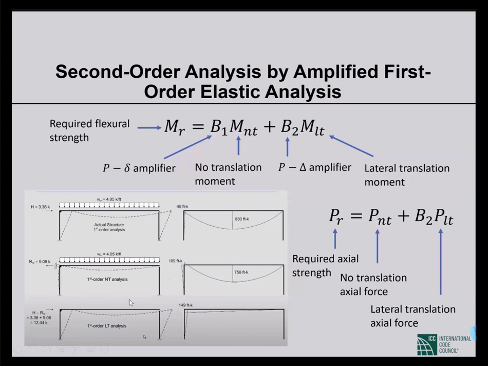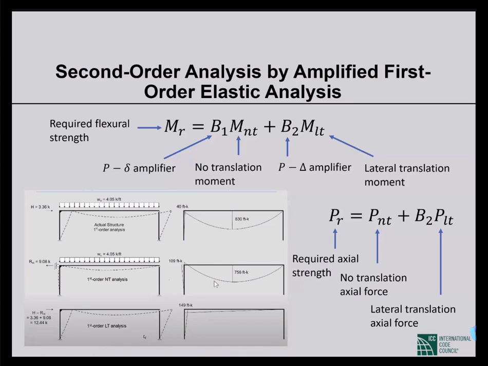We calculate the moments and axial forces again and call them MLT and PLT. Remember, the P large delta is related to sway only, and P small delta is related to member bending. So in an indirect way, these two terms are separated in this no translation, lateral translation method of analysis.